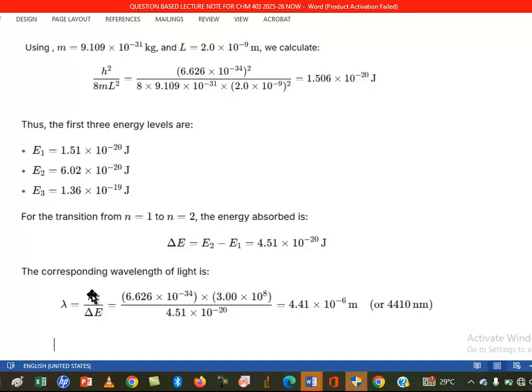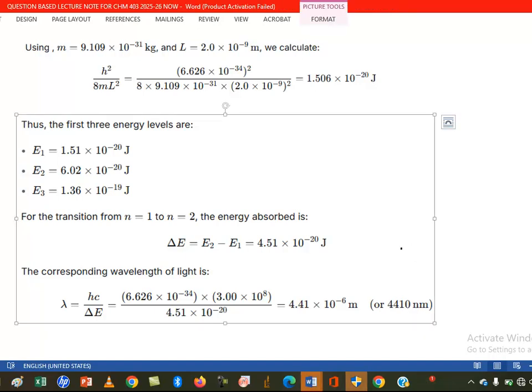So lambda is equal to hc over delta E. Remember h is our Planck's constant, which is 6.626 times 10 to the power minus 34, c is the speed of light, which is 3 times 10 to the power 8, over our delta E already, which is 4.51 times 10 to the power minus 20. Your answer should be 4.41 times 10 to the power minus 6 meters. You can convert it into nanometers, so that will give you this value.